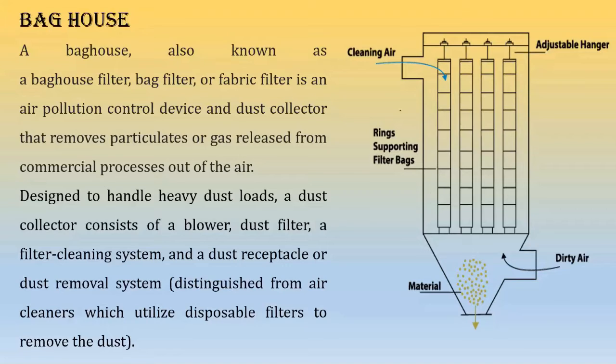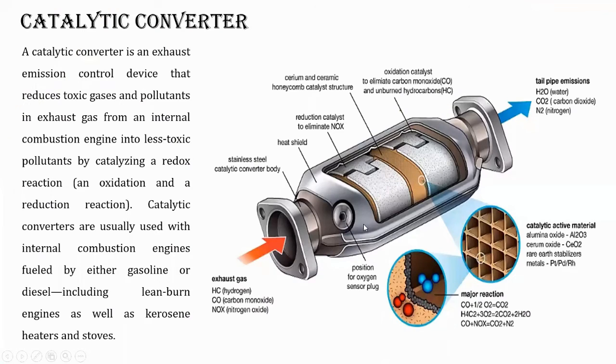Through these bags the air is passing and getting cleaned. The heavier materials will flow down, and the air will move out from the top left side. Here the sky-colored arrow is actually wrong. It is showing that clean air is moving in, but clean air will move out. So this was all about the baghouse filter.